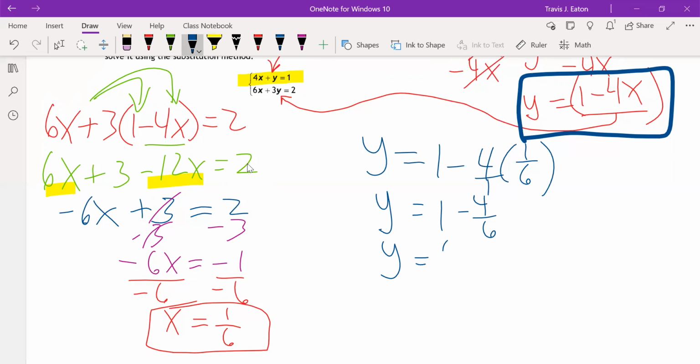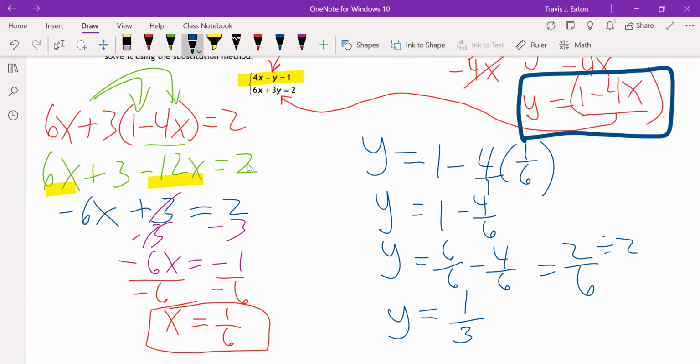You know what? 1 is 6 over 6. I'm just going to make this easy on myself. 1 is the same thing as 6/6, correct? So 6/6 minus 4/6 equals 2/6. But I can simplify that. So y is 1/3, because I divided both of these by 2, which gives me 1/3.